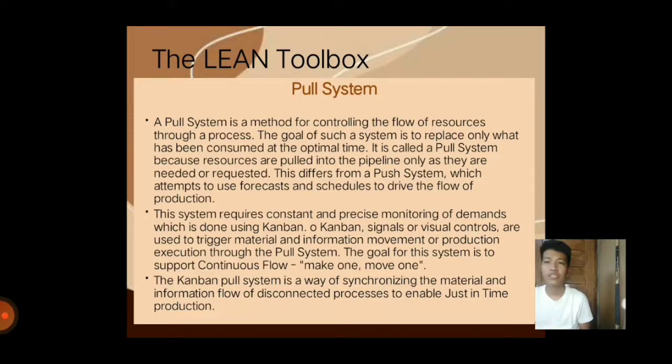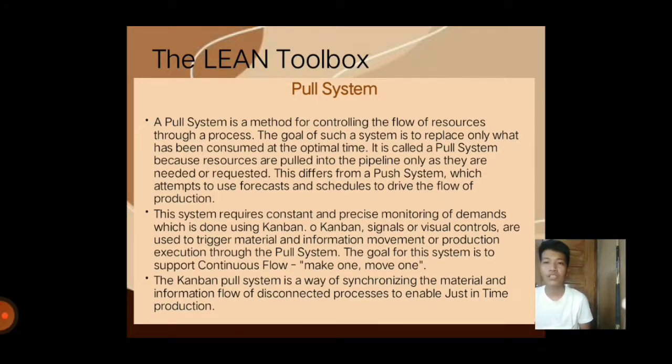This system requires the constant monitoring of demand, which is done using Kanban. Kanban signals or basic controls are used to trigger material and information movements in production execution through the pull system.